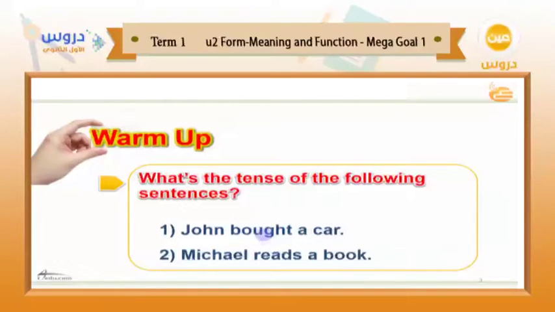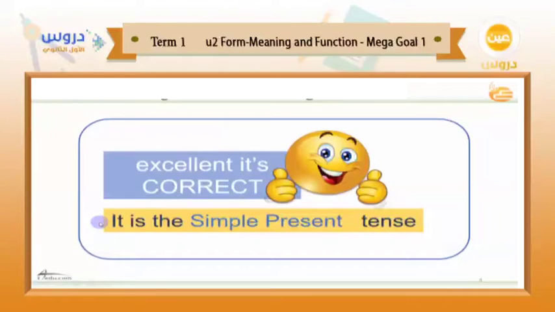So you can figure out the tense of the verb, whether it's present, past, or even future, based on what is added to that verb. So if you got it right, excellent. It is correct. It is simple present tense, especially in the second sentence.